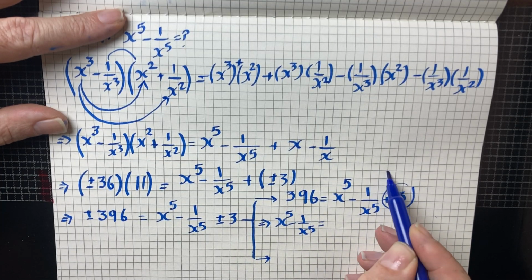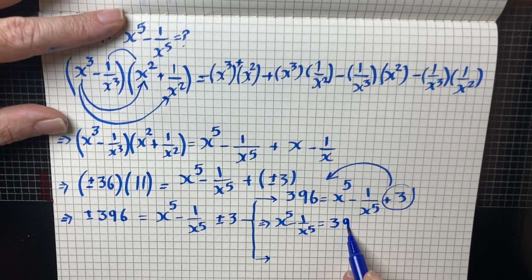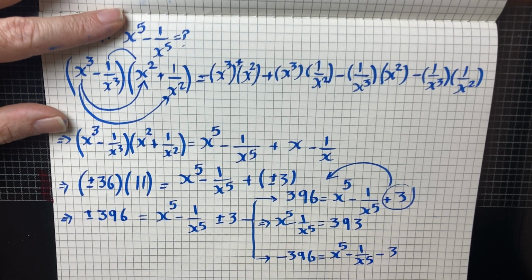This positive 3 goes to the left hand side, it is going to be 393. And next, negative 396 equals x to the power of 5 minus 1 over x to the power of 5 minus 3, right?